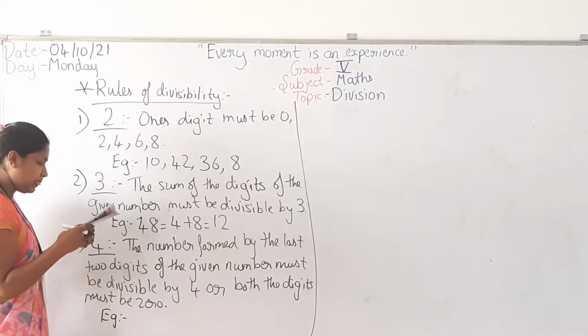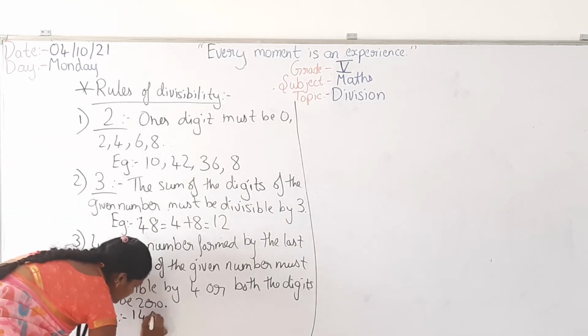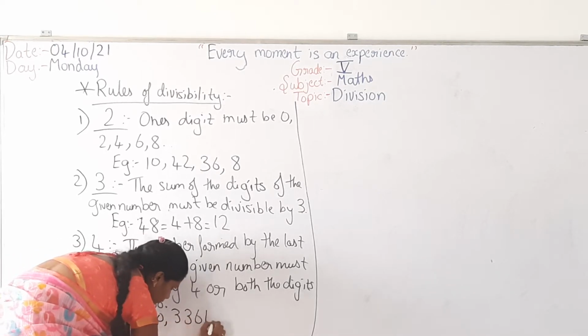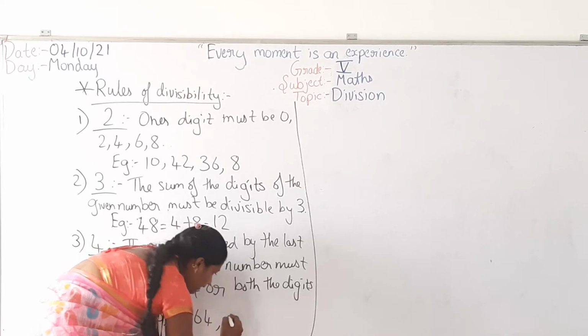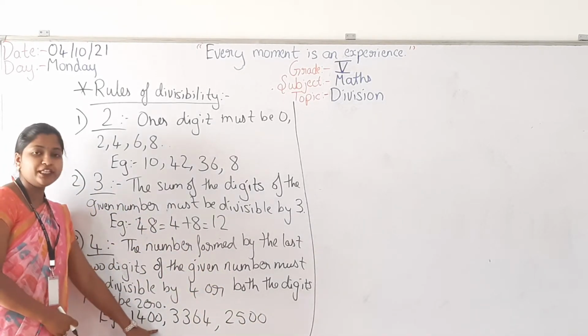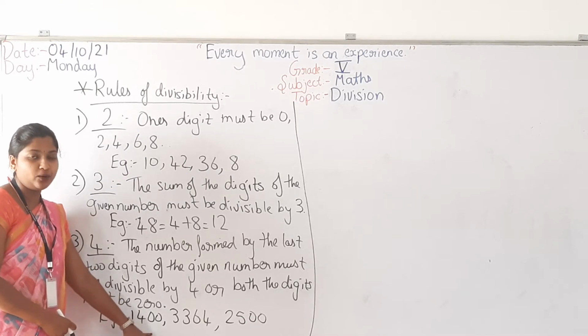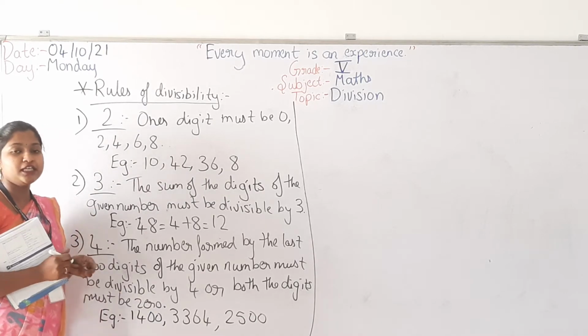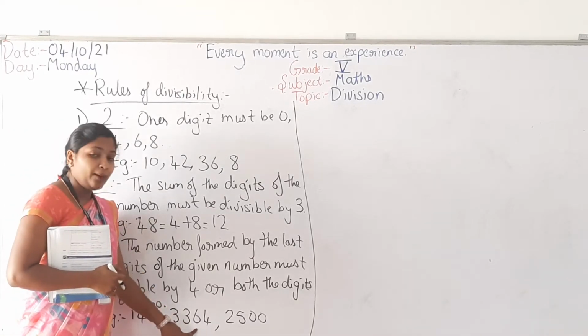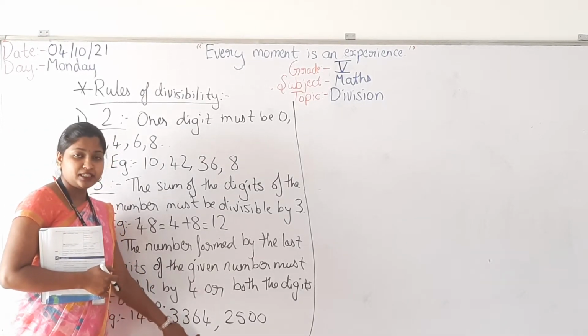For example, 1400, 3364 and 2500. Can you see here? The units place and tens place digits are 0. If both are 0, that means it is divisible by 4. Or the numbers in the ones place and tens place, 6 and 4, make 64.